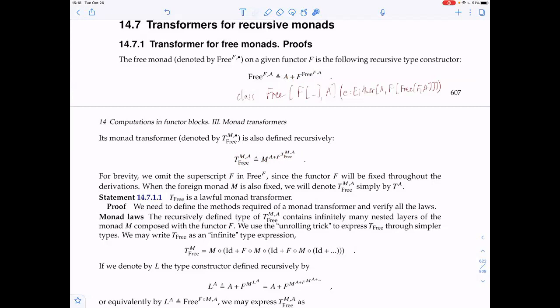So this would be in Scala, M of either of A and then F of FreeT of F M A. So this is all this complication.